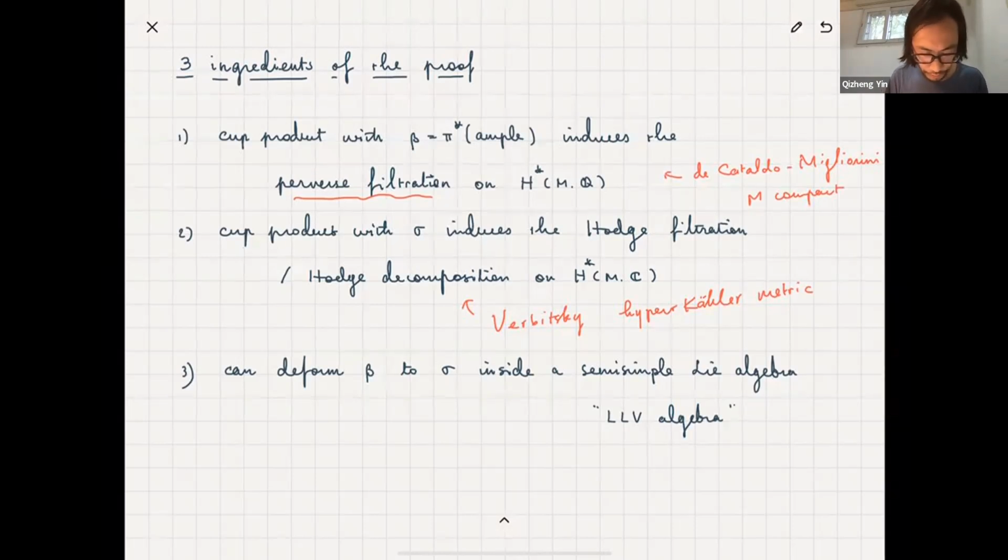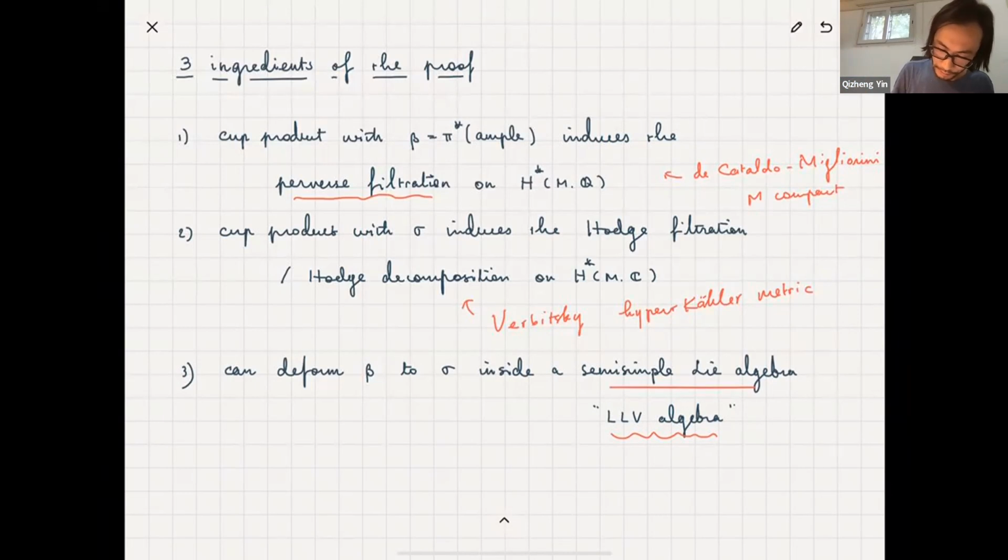And then the third ingredient is that you have beta, which controls the perverse filtration, and sigma, which controls the Hodge filtration, and there's a way to deform beta to sigma. The precise way of deforming it is to deform inside a semi-simple Lie algebra, called the LLV algebra. Once you do that, you arrive at the proof, because then the dimensions of the weight spaces will be constant.